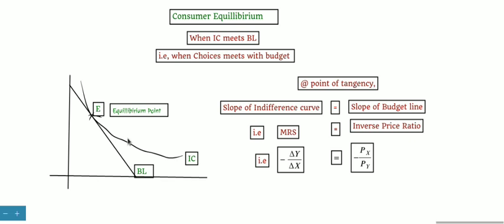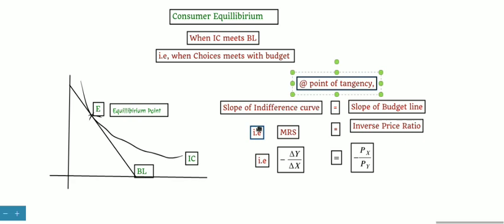So the indifference curve and the budget line drawn should be tangent with each other, and the tangent point is called the equilibrium point, the consumer equilibrium point. We know that when they are in tangent, their slopes should be equal. So at the point of tangency, the slope of the budget line and the slope of the indifference curve will be equal.